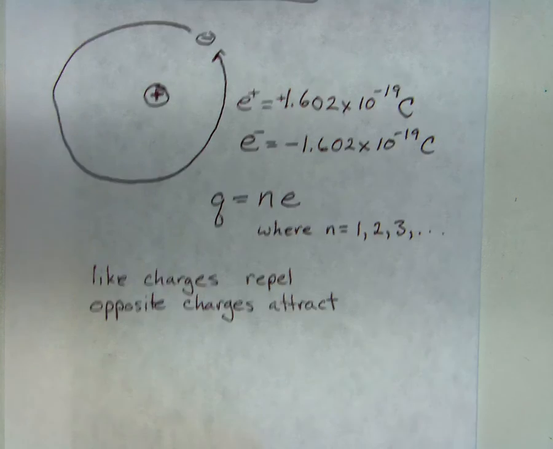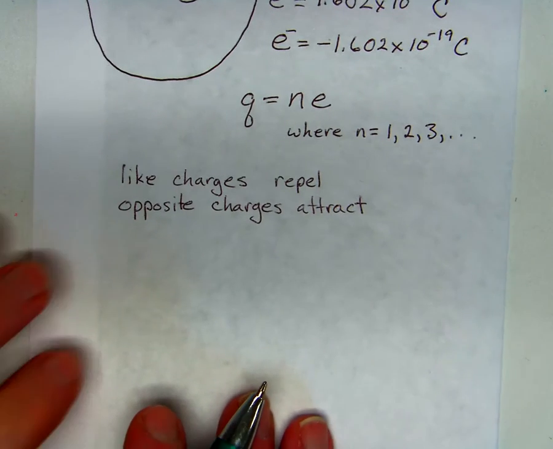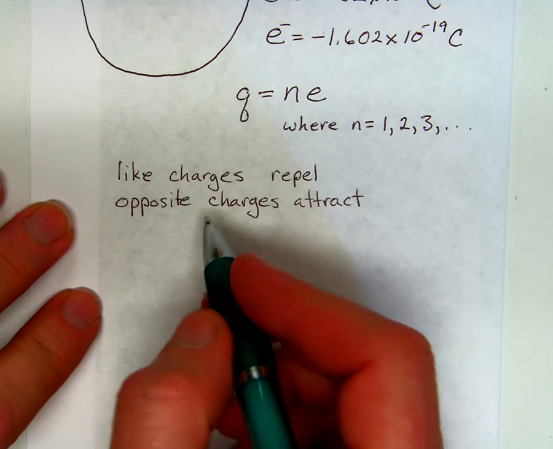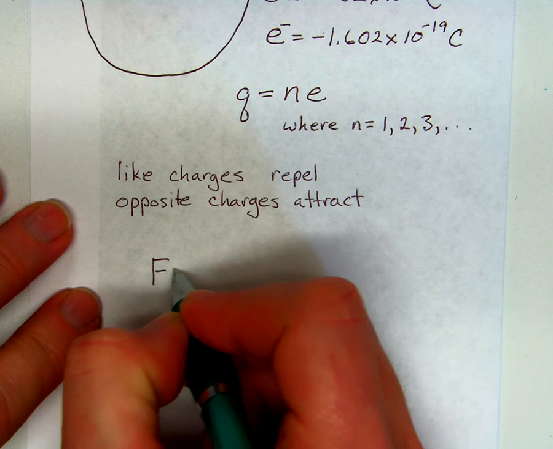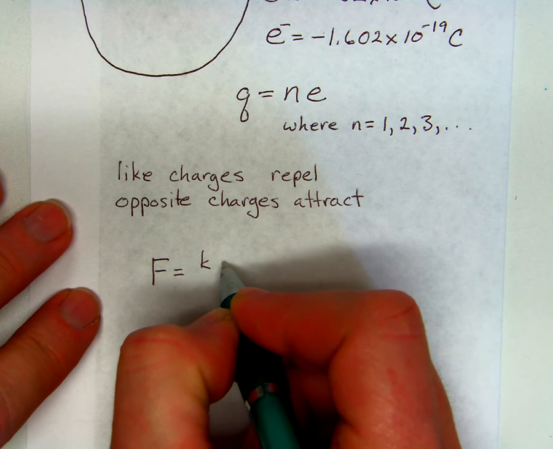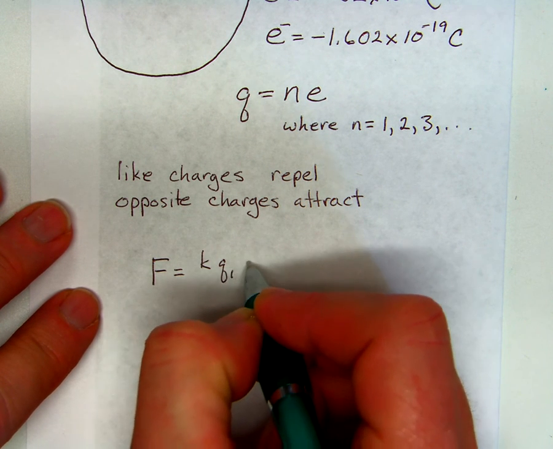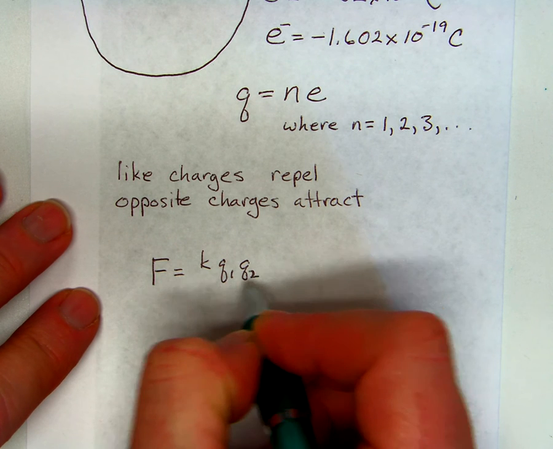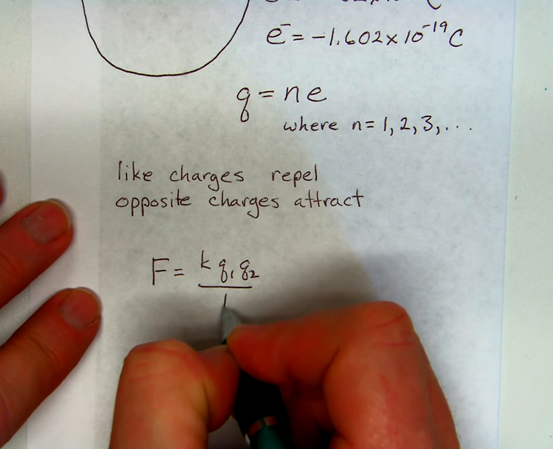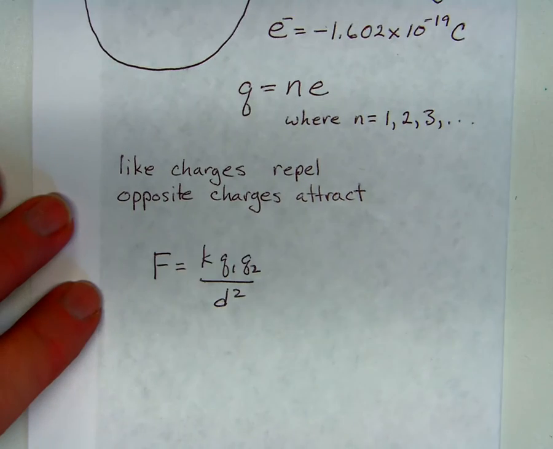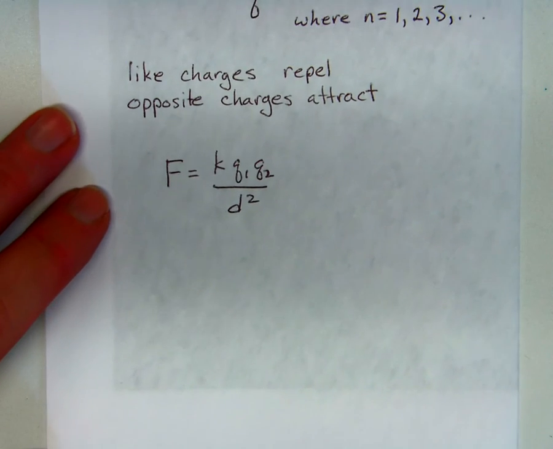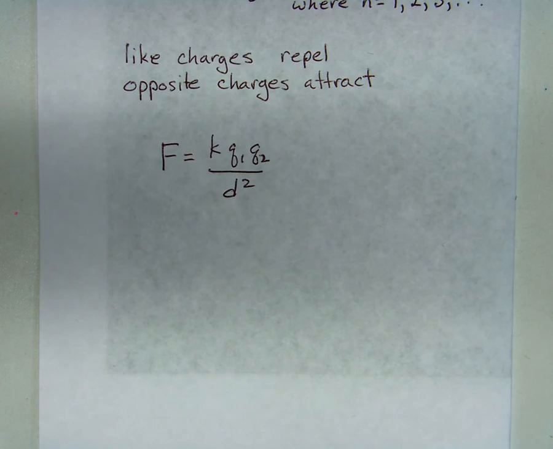And the equation for the force between two charges is given by F equals k Q1 Q2 over our distance squared. So I want you to take a look at that equation for a moment. Does it look familiar to you?